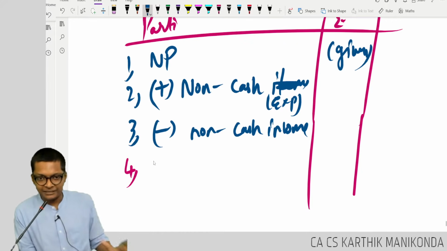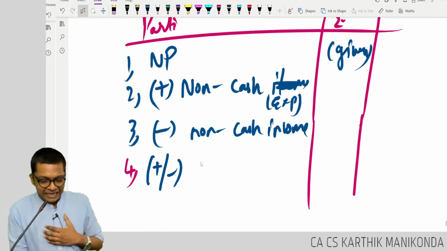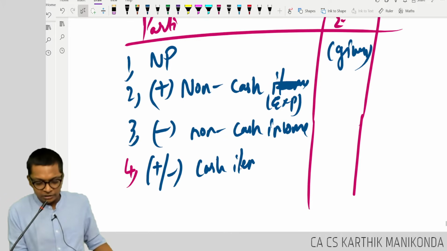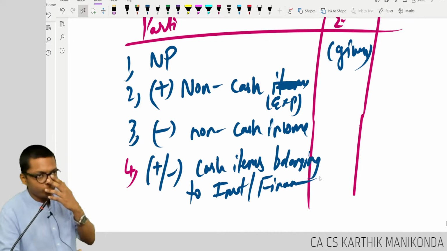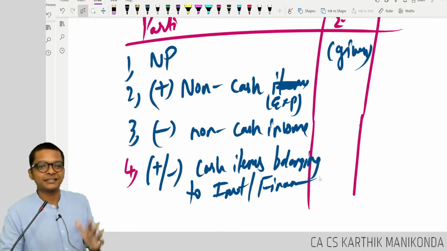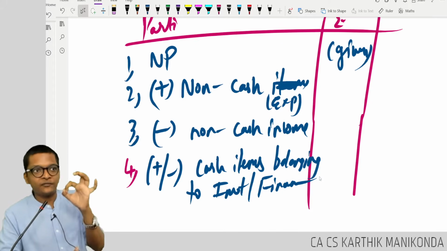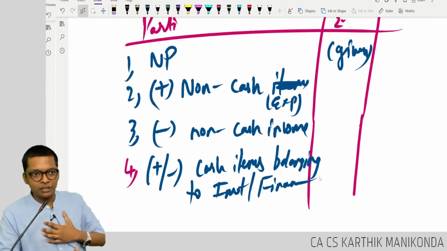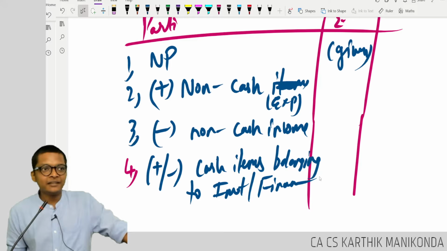I am writing add or less depending upon the case: cash items belonging to investing or financing activity. It's like a template. You can write it in a notebook, guys. But if you write only this, it is there in all the books. Whichever book you buy, it's there. Logic is there only in the class. You are coming to class for logic, guys. Very, very important.